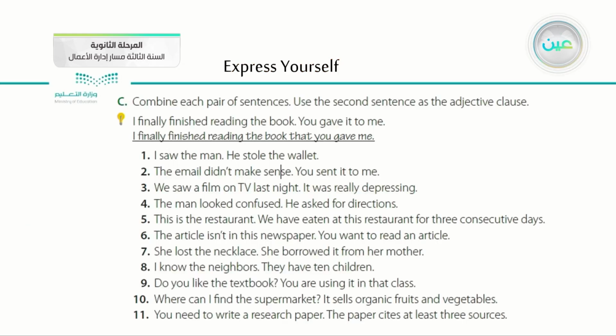After that, we went to exercise C: combine each pair of sentences, use the second sentence as an adjective clause. We have 2 sentences or more in each question, and we've learned how to combine these 2 parts of sentences by using relative pronouns.